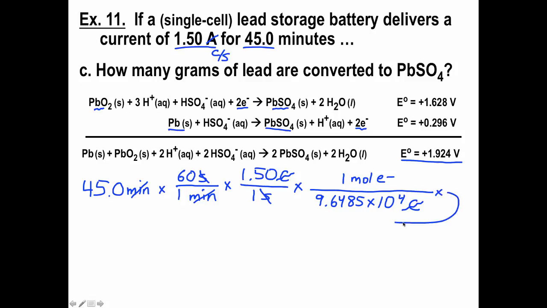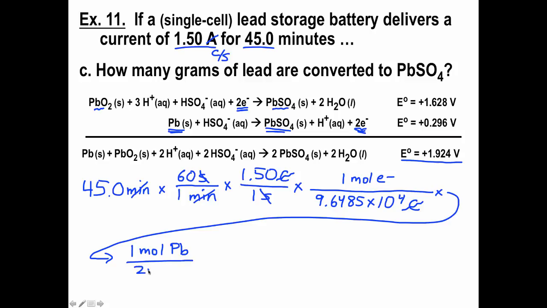And then, kind of running out of space here, so we'll keep going on the next line. Now we know that, going back to the chemical equation, for every 2 moles of electrons that are transferred, 1 mole of lead underwent conversion to lead sulfate. So our conversion here will be for every 1 mole of lead, there were 2 moles of electrons, and so that will convert moles of electrons into moles of lead.